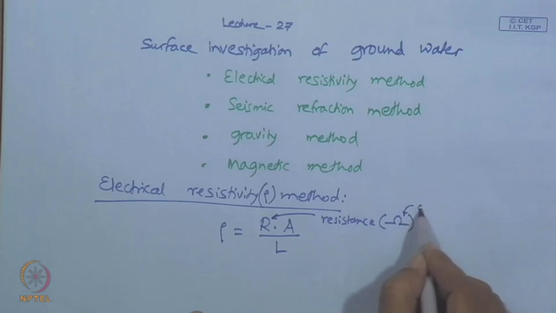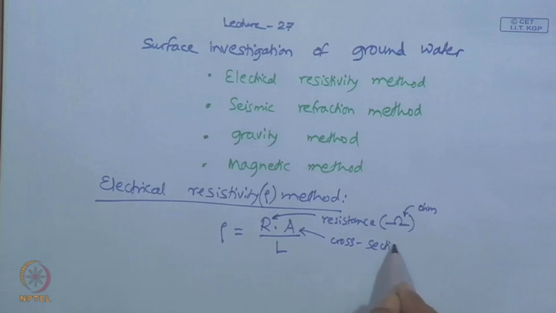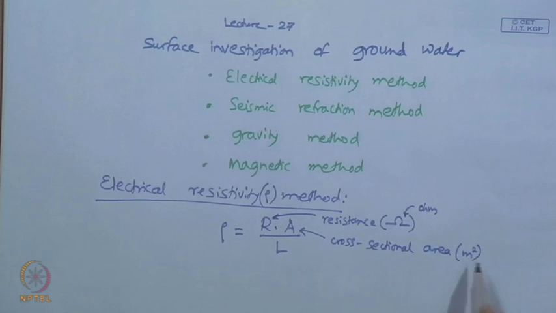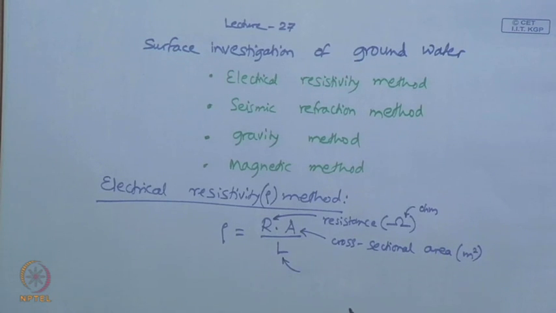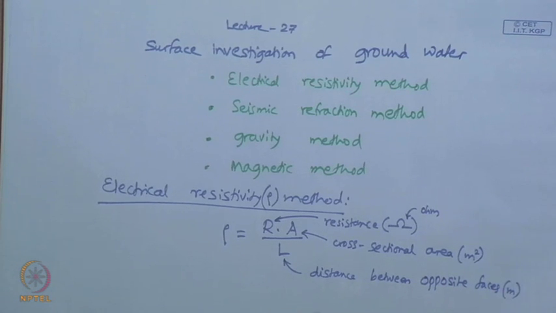A is the cross sectional area, measured in square meters, and L is the distance between opposite faces, which is also measured in meters.